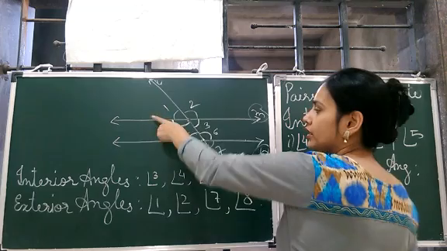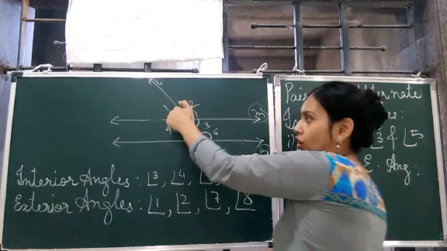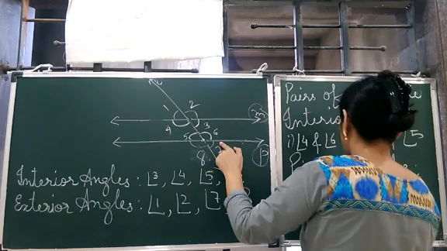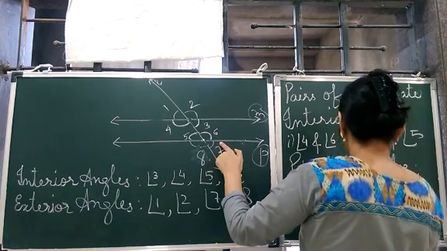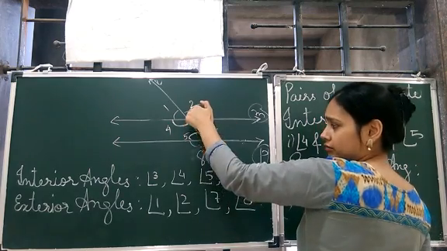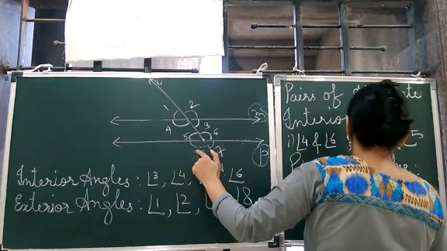Now who all are forming Z here? ये Z बन रहा है. Alternate angle के लिए कौन है बाहर? 1 बाहर है और 7 बाहर है. So angle 1 and angle 7. First one. Second one again with the formation of Z. कौन है बाहर? 2 and 8. So angle 2 and angle 8.